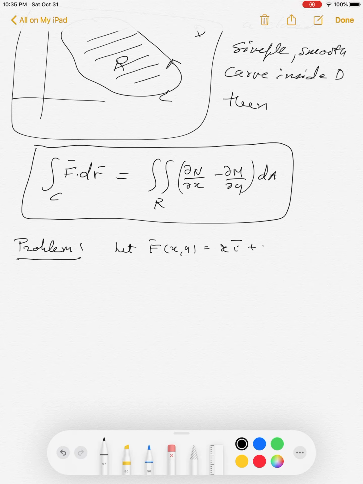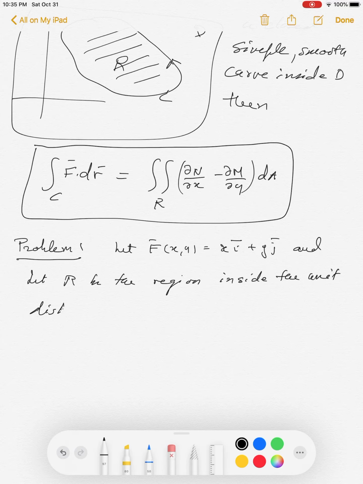Let us take a function f bar of x, y to be x i bar plus y j bar, and let R be the region inside the unit disk.